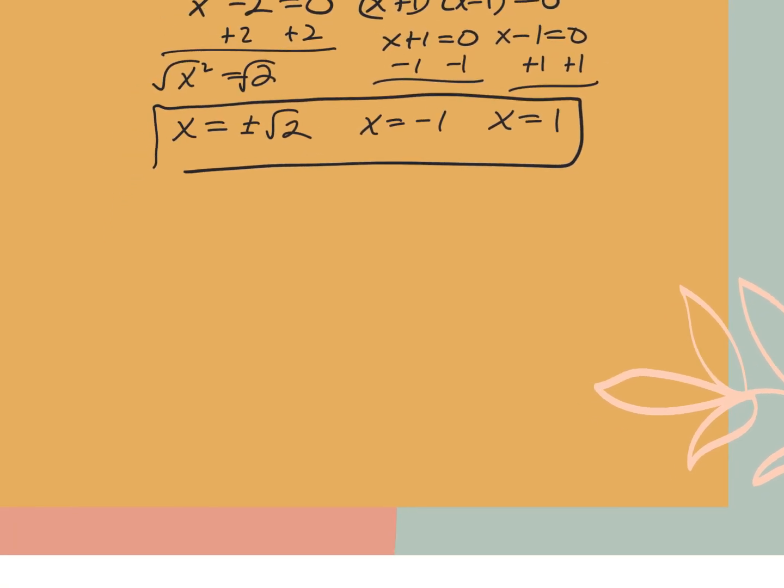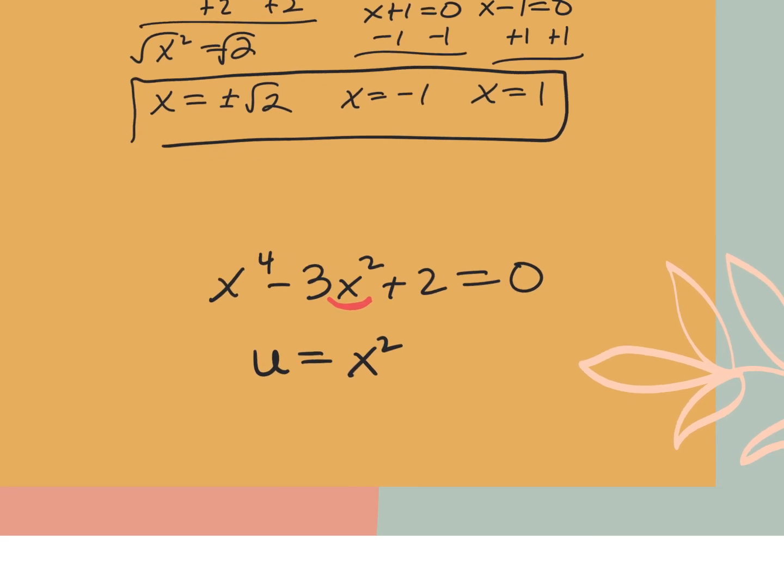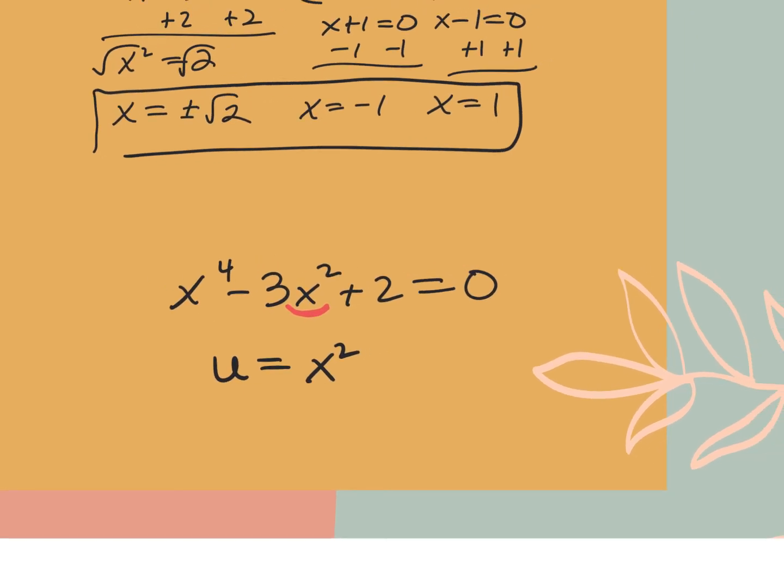Let me just rewrite the problem. So I have x to the 4th minus 3x squared plus 2 equals 0. So now what I'm going to do is let u equal the middle term's variable part, x squared.